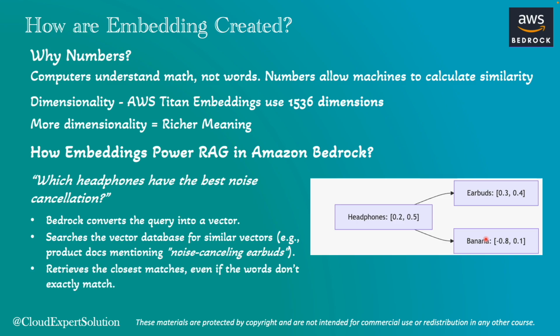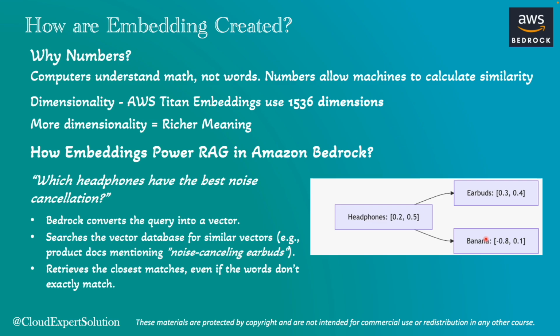And the last step is it will retrieve the closest match even if the words do not exactly match. And why is it powerful? Because it finds noise cancelling even if the user says blocks background sound. With this you can understand it is not matching words or phrases, it is understanding the context or the semantics between the phrases.